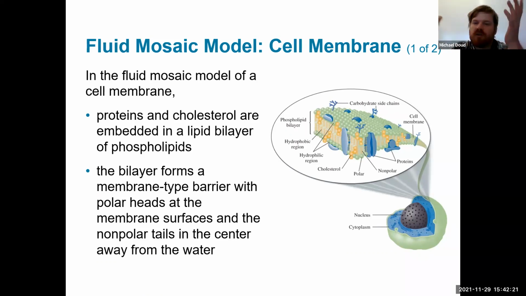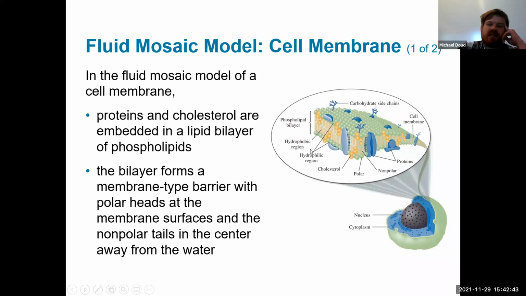This allows for water to be on both sides, water being the main solvent for our biochemical processes, but crucially containing the cellular processes on the inside and separating them from the outside.